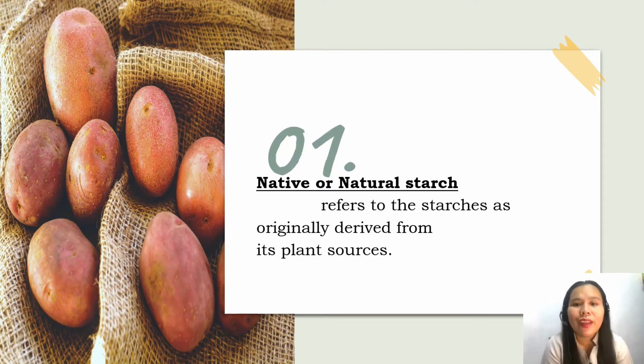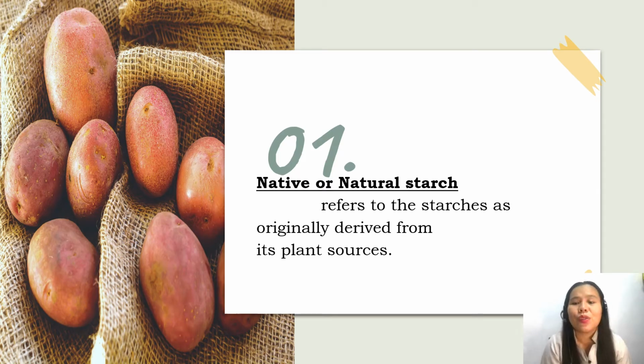Now let's move on to the classification of starch. The parts of plants that store most of the starches are seeds, roots, and tubers. There are three kinds of starch. We are going to discuss them one by one. Let's start with the native or natural starch.